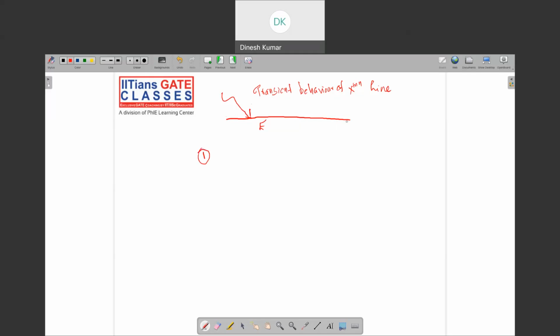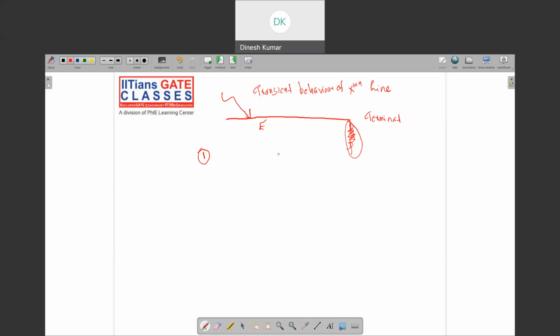This particular thing is known as the termination. A transmission line can be terminated with a capacitor. If it is connecting a transformer, then it is almost like an inductor. It can be a resistor. So many things can come in this particular termination. So this is very important.